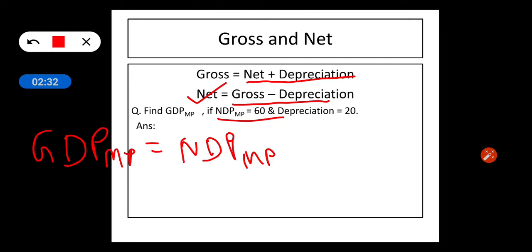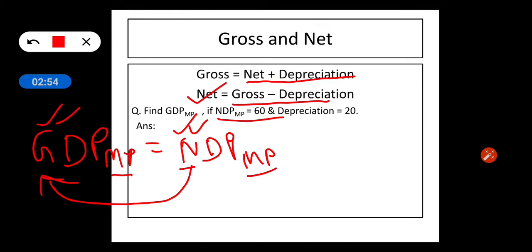Okay, we have to check these two factors first. Okay, so both have MP, so no conversion is needed. All right, next let's check this one. We have net here and we have gross here. So we are going to convert net to gross.